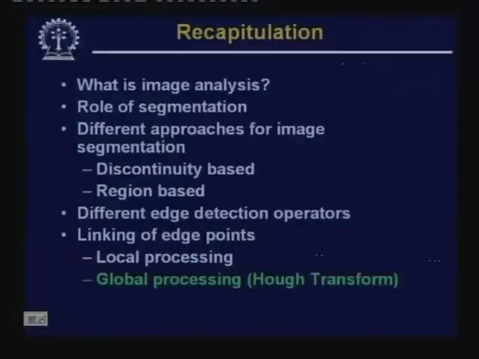To take care of this problem, after we detect the edge points, we have to link the edge points. We have said that there are two approaches for linking the edge points. The first approach that we discussed in the last class is the local processing approach, and the second approach that we will be discussing today is the global processing approach, which is also called Hough transformation.